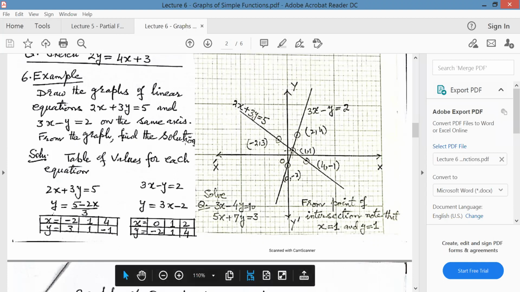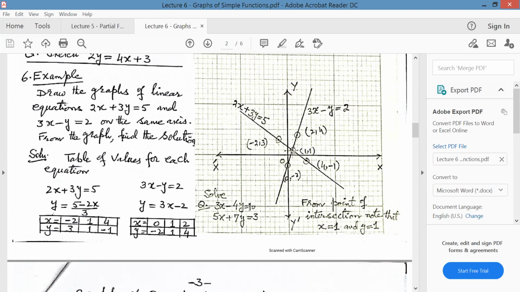So the moment you draw the two lines, see where the two lines are crossing each other. From that point, draw a vertical line to the x-axis and a horizontal line to the y-axis. Draw dotted lines. And where this vertical line crosses the x-axis, measure the distance from the origin to that point. That will be your x value.